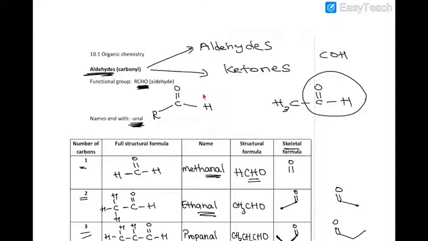In an aldehyde you have an H. In a ketone, you're going to have CO, R, and R dash, because the R can be the same group or they can be different groups. But it should not be H. If R or R dash is equal to H, then it will be an aldehyde.